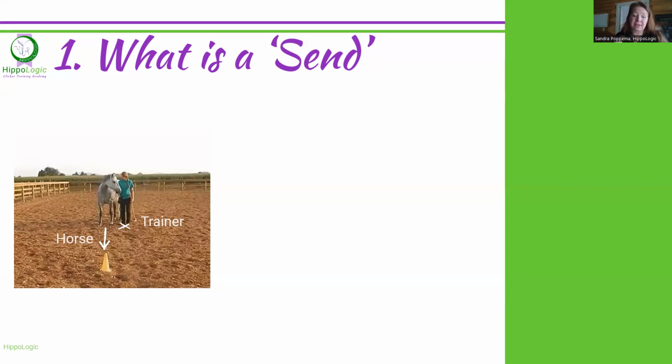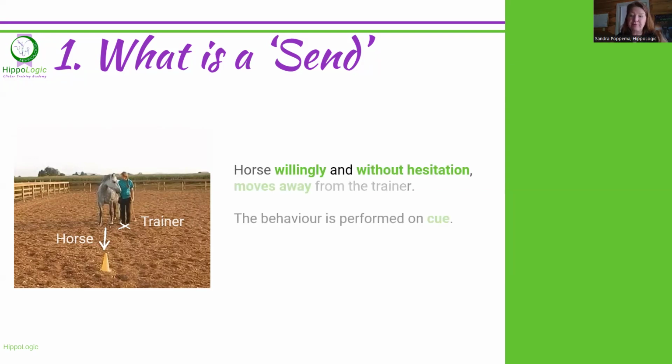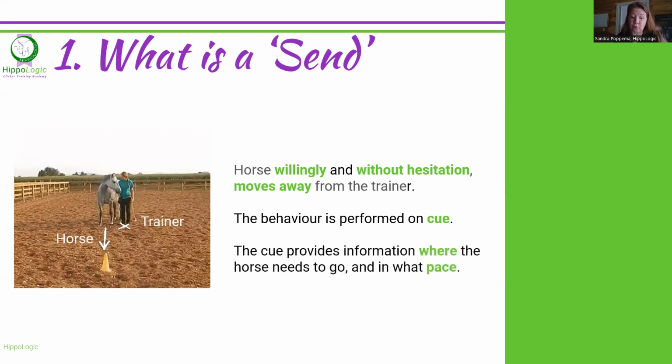And in my definition, ascent means that the horse is willingly and without hesitation moving away from the trainer, and the behavior is on cue. So that's the goal, because the cue provides information about where you want the horse to go and at what pace.